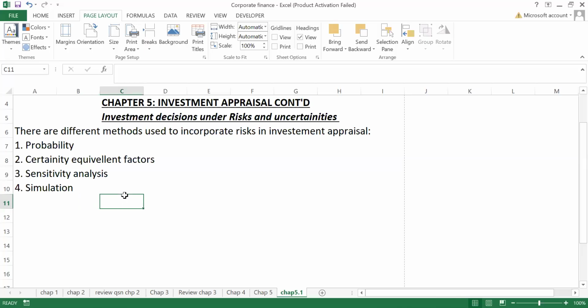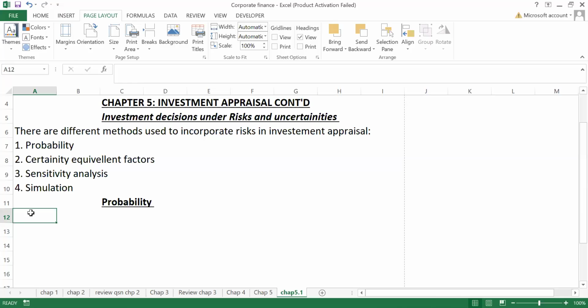If we look at the first one, the probability: in the probability, what you need is to determine the expected value. Then once you have the expected value, you can determine whether the project is okay or not okay.